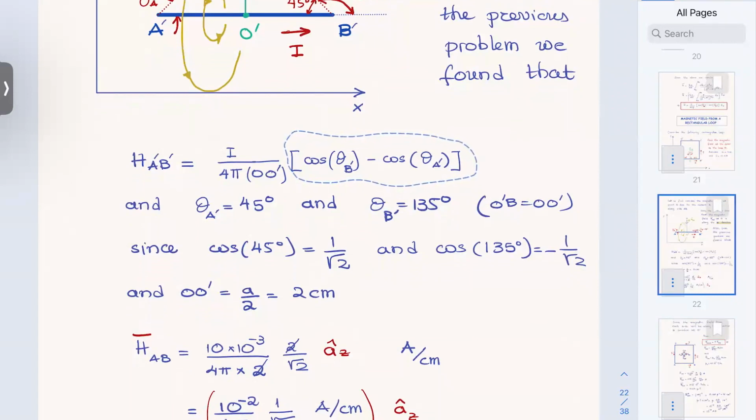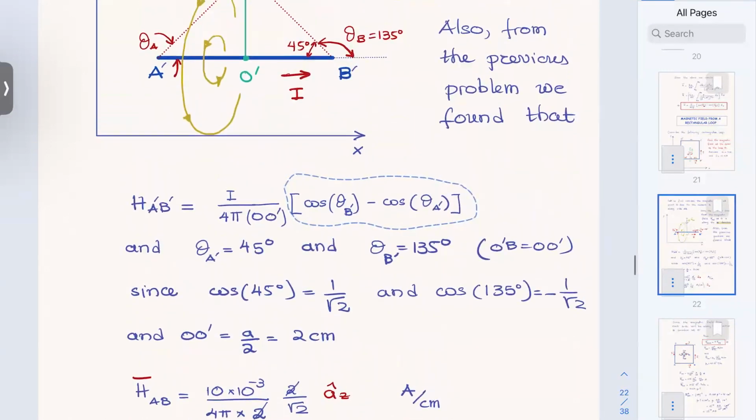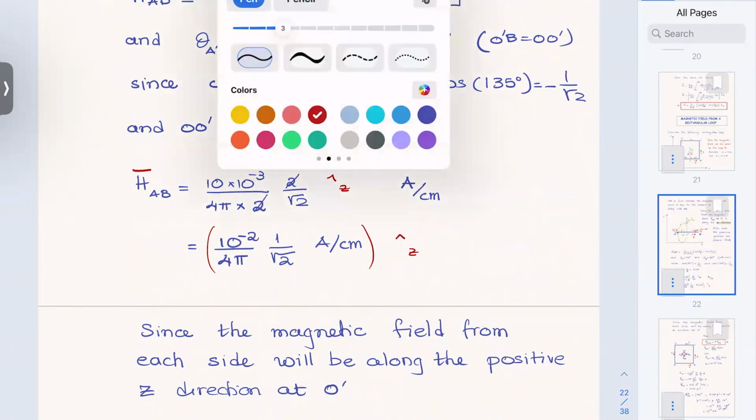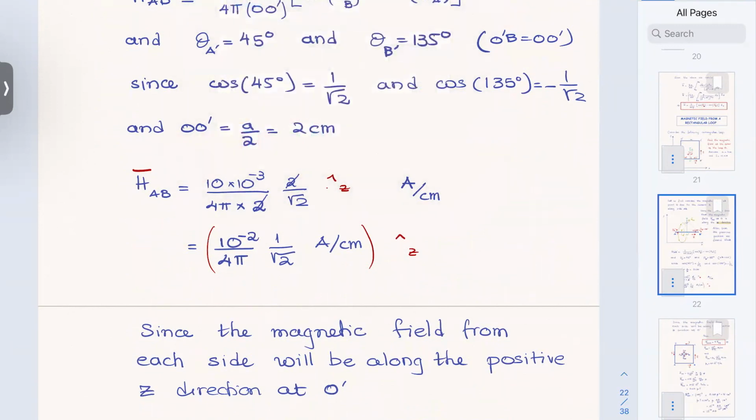Therefore, now that we know the values, we can substitute, and we get this value for the magnetic field from that section of the rectangular loop.